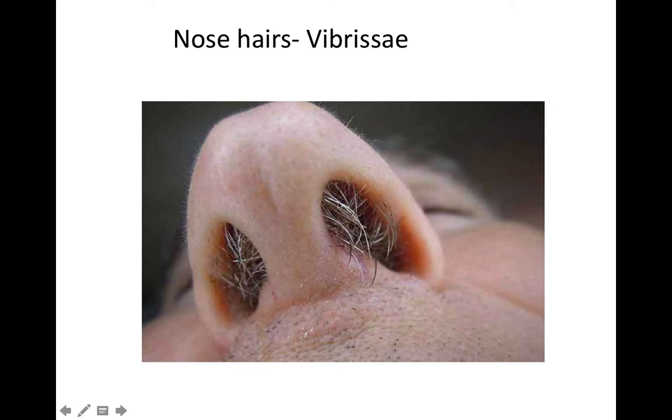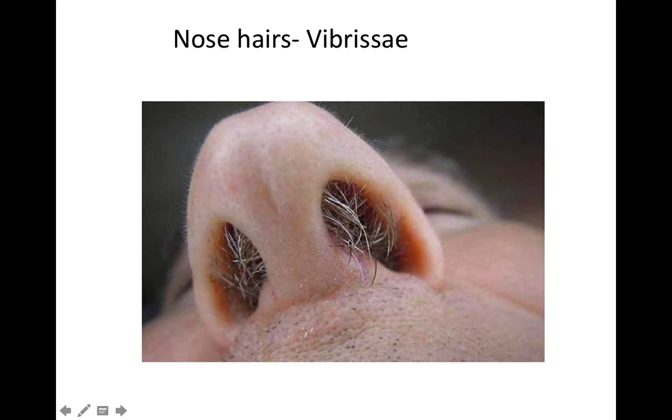No, they're our first guards that are guarding our passageways, and they are filtering out large particles, like large inhaled dust particles, those little gnats, little insects that are buzzing around. If they get stuck in here, hopefully these vibrissae will filter them out. So kind of cool what they're there for.